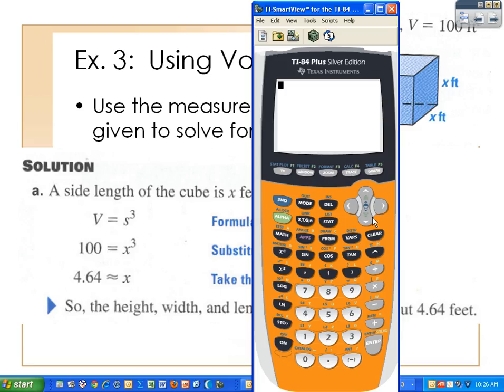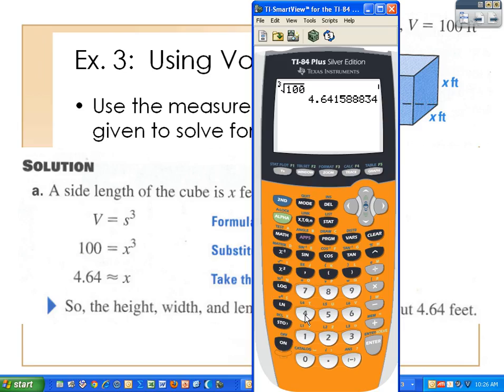You can go to the math menu, and you can go down to the fourth item, which is cube root. So there's cube root of what? In our case, we're going to put in 100. If I hit enter, I get about 4.64. So you go to the math menu on the TI-84, and then the fourth option is cube root.